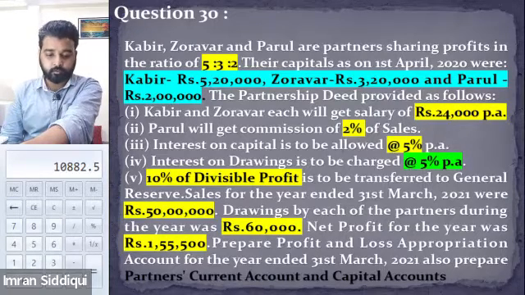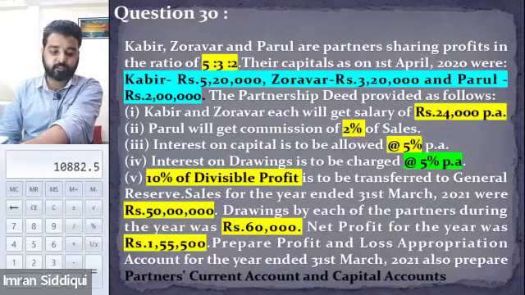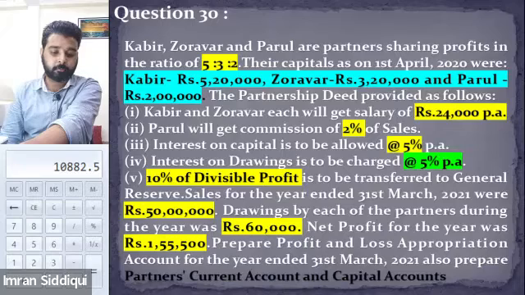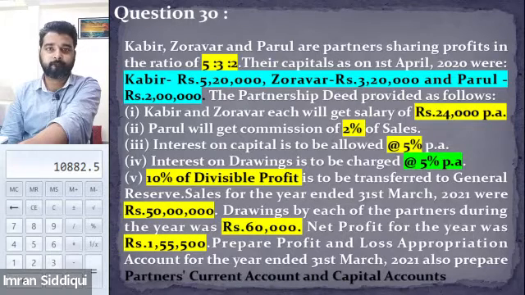Tell me the net profit you have written. 1,55,500. Okay, so out of 1,55,500, you have subtracted interest on capital, right? How much is the interest on capital for the partners? 26,000, 16,000, and 10,000 respectively. And then we have also given a salary of 24,000 each. And then we have paid a commission of 1 lakh to Parul.